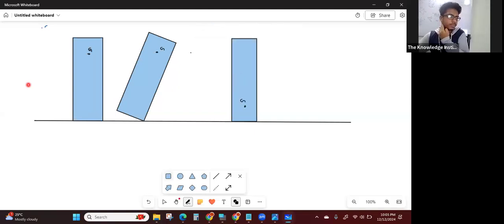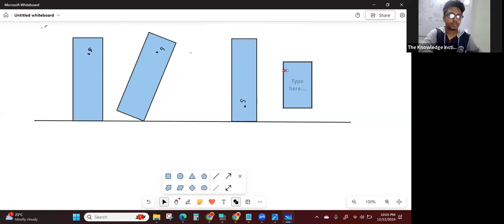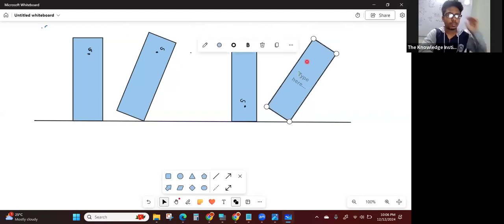Then I tilt this object. Here the weight acts vertically downward and the normal reaction force acts upward, so initially mg and R are balanced.